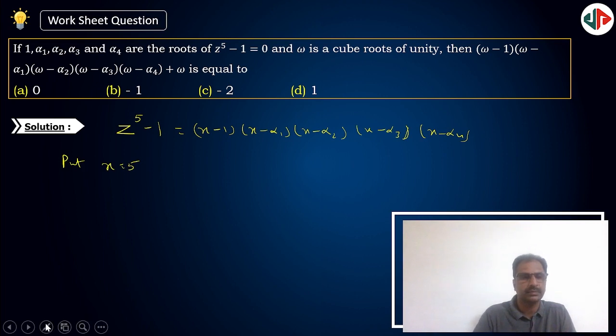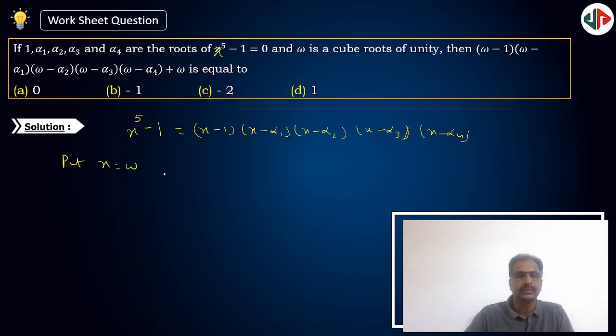Sorry, it should be x power 5 minus 1 there. So x power 5 minus 1 is equal to the product. Since we require omega minus 1, omega minus alpha 1, put x is equal to omega. Then you get omega power 5 minus 1 is equal to omega minus 1 into omega minus alpha 1 into and so on.